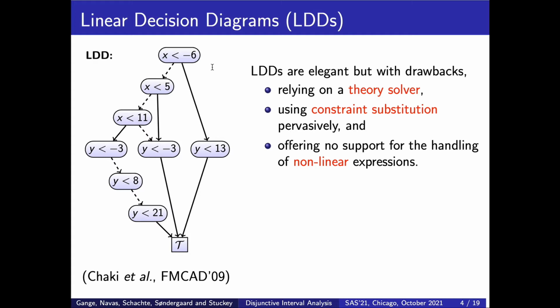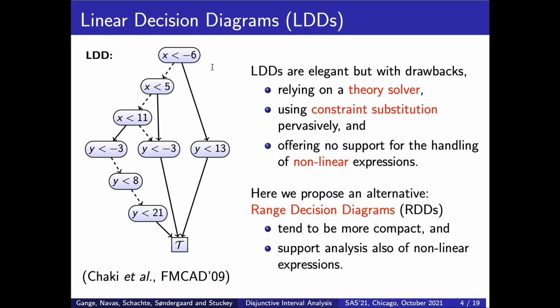The implementation of interval analysis in the Gurfinkel and Chaki paper relies very heavily on a constraint substitution operation. As you traverse a diagram like this, constraints may be replaced by other constraints. So it has a kind of syntactic flavor. And there is no support for the handling of nonlinear expressions.